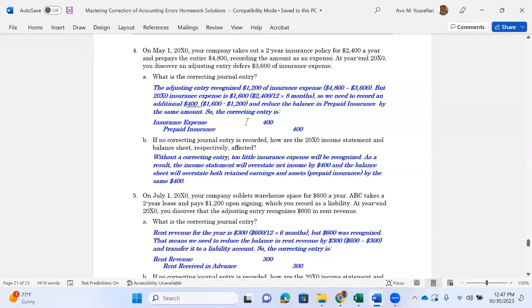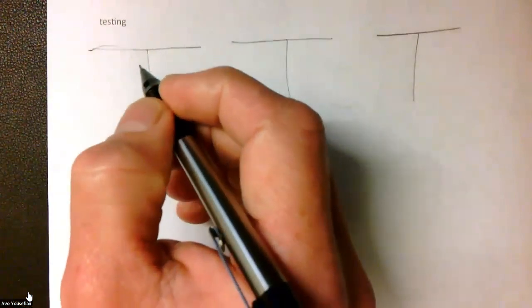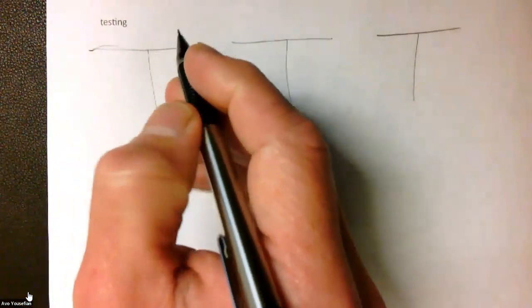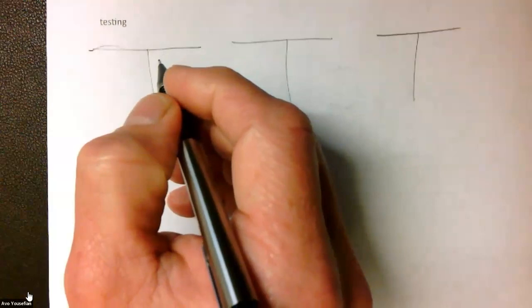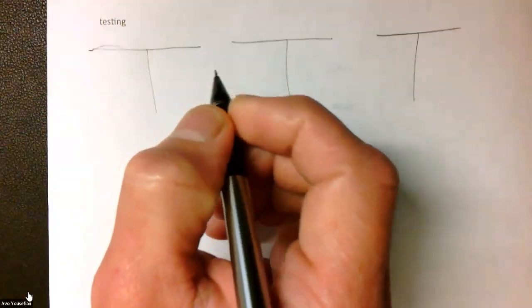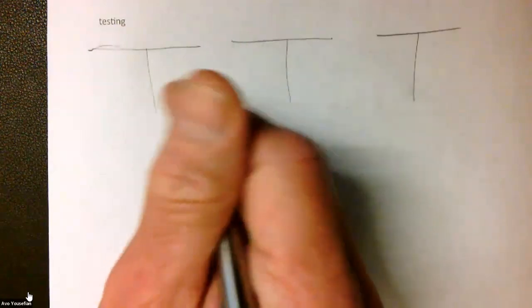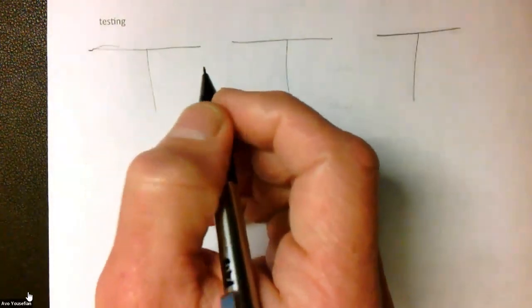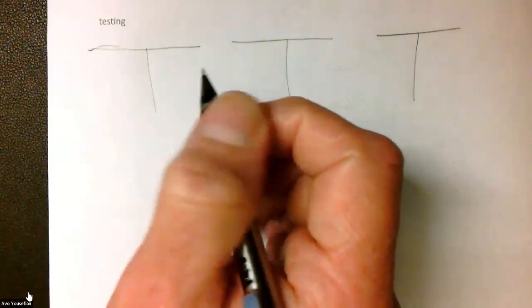I think this is a little bit complicated, so it's better if I show you the T account myself. So here is the problem. This is problem 4 that we were trying to cover. On May 1st, the company takes out a 2-year insurance policy for $2,400 a year and prepays the entire $4,800 as an expense.